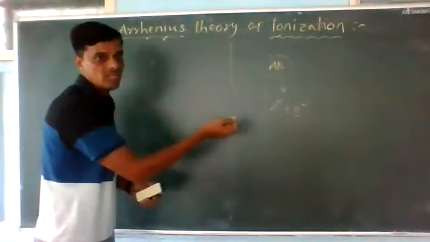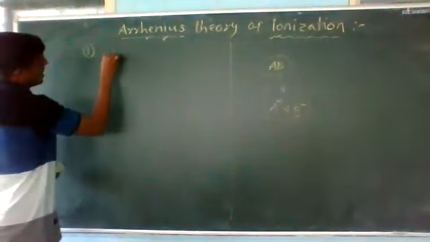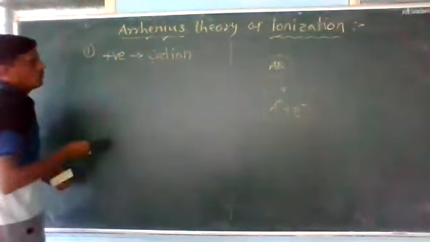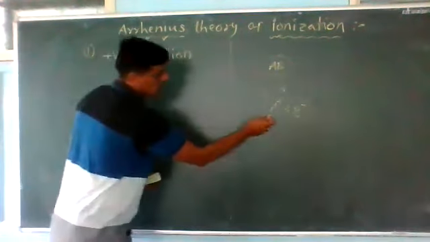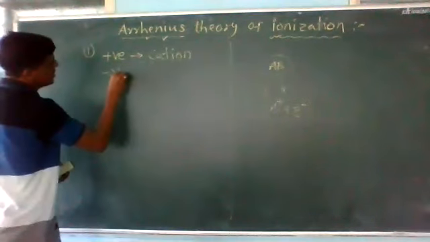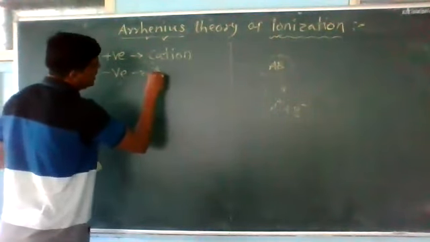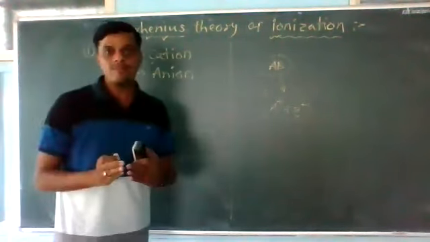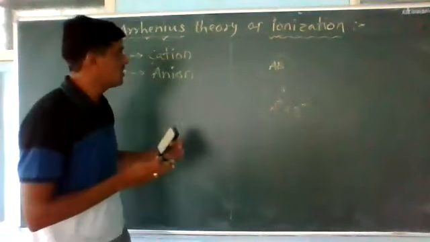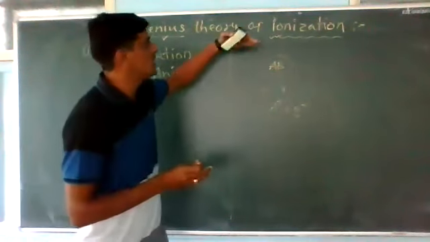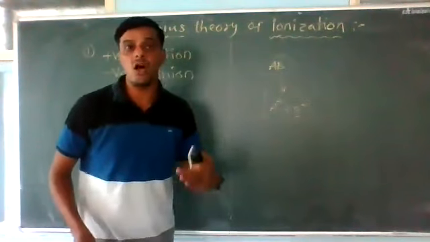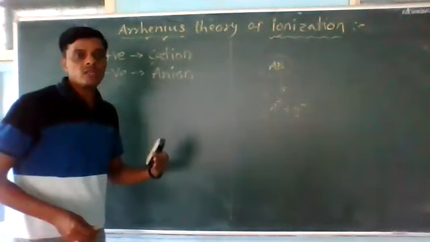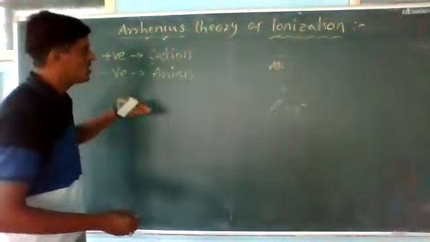Arrhenius named these charged particles: a positively charged ion in the solution is called a cation, and a negatively charged ion in the solution is called an anion. Okay, cation and anion. During his experiments on the conduction of electrolytic solutions, he pointed out some important things, and these are mentioned in his theory.